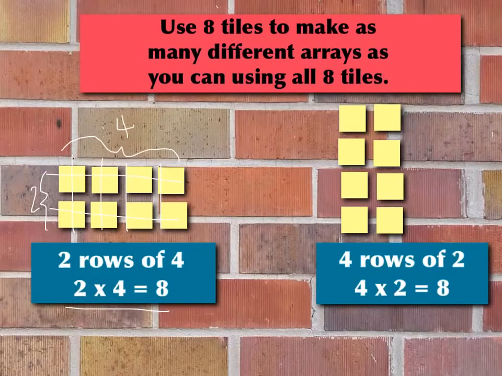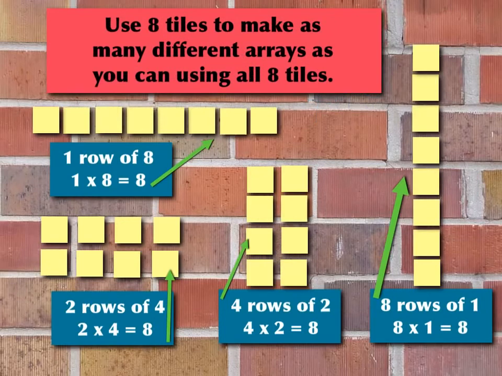So again, we see we have one factor here is 4, because we have 1, 2, 3, 4 rows. And if I switch colors so you can see the columns, we have 2 columns. 1, 2 columns. So 4 times 2 is 8, just the same as we have right down here.